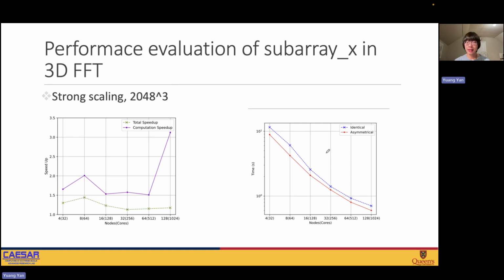It's a strong scaling, and the blue line is using the identical data type without rearrangement in flight. Here the purple line is the computation speed up, which refers to the cache, the strided access performance gain, and the blue line and the green line are the total execution time speed up.